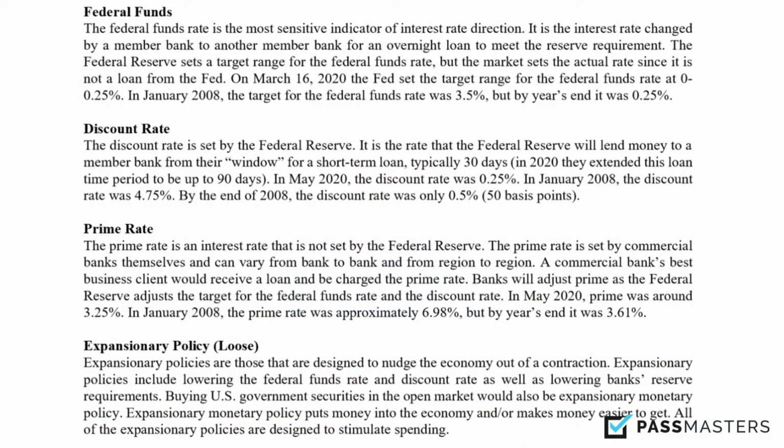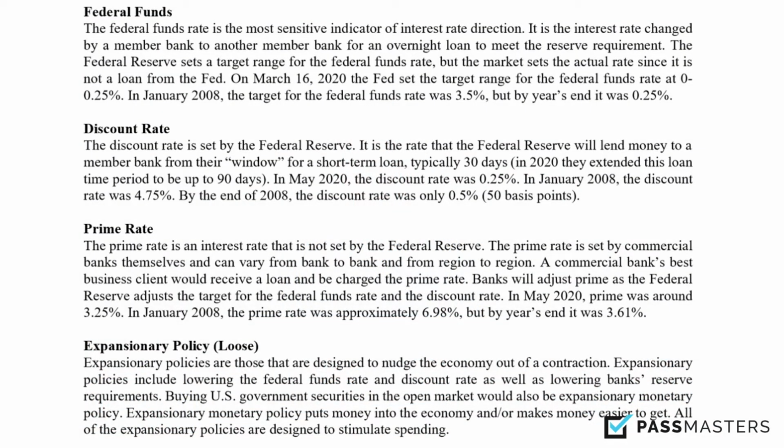Let me give you some historical context, since I referenced the Great Recession earlier. At the beginning of the Great Recession, or we didn't know it was happening yet, January 2008, the target for the federal funds rate was 3.5%. By the end of the year, it was only 0.25%. That's crazy.